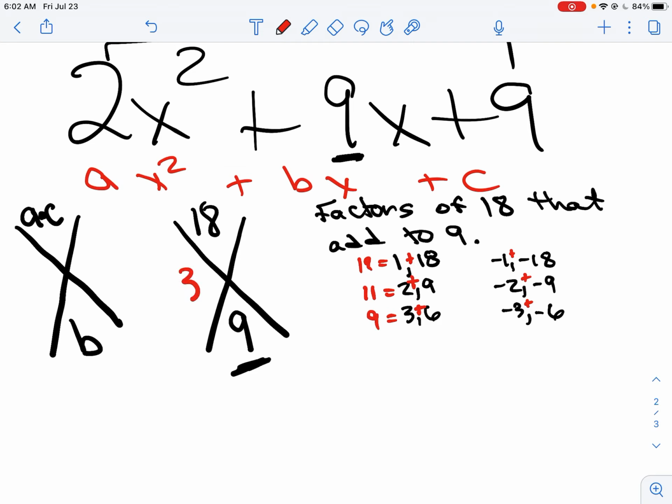So I'm going to take my 3 and my 6 and write them here. All I did was write what the factors of 18 that add to 9 are, and I'm going to put them on the side.